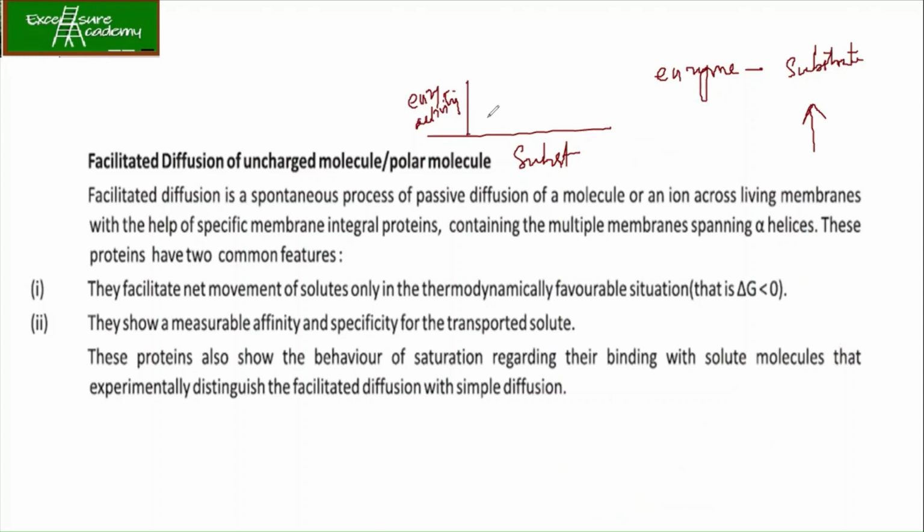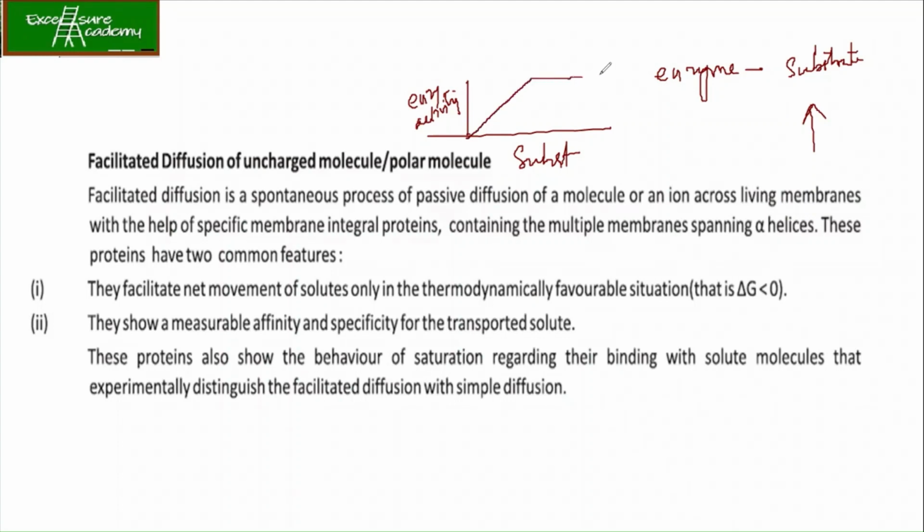Shruti, any thoughts? Akshaya? It will increase gradually and then it will saturate. Absolutely correct. Very good. So what happens is that as the substrate concentration is increased, the enzyme activity is also increasing.